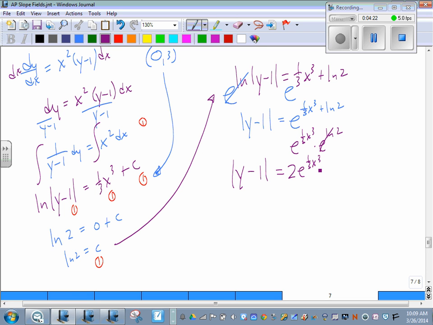Now, we need to finish this off. Since it's absolute value, that means there's 2 possibilities. Y minus 1 equals 2e to the 1/3 x cubed, or y minus 1 equals negative 2e to the 1/3 x cubed. So we can add 1 to both sides.